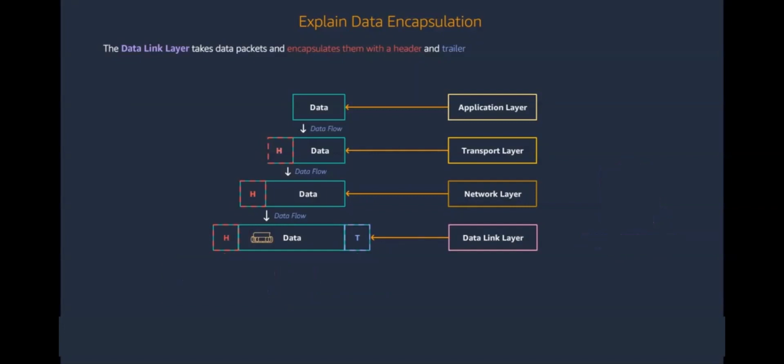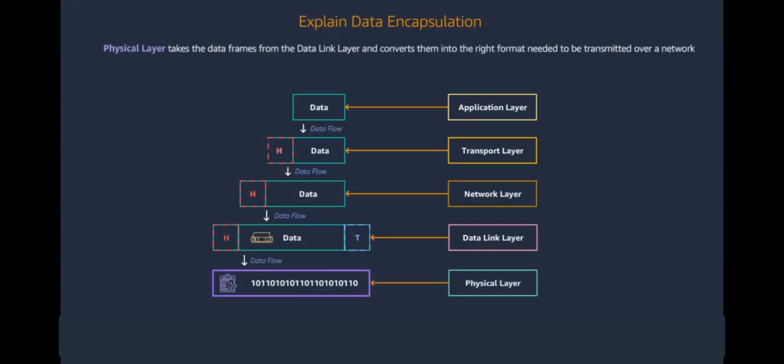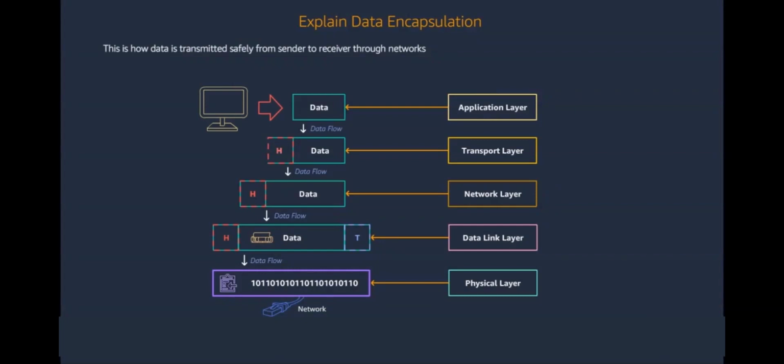Finally, the physical layer takes the data frames from the data link layer and converts them into the right format needed to be transmitted over a network, for example, converting data into radio signals. This is how data is transmitted safely from sender to receiver through networks.